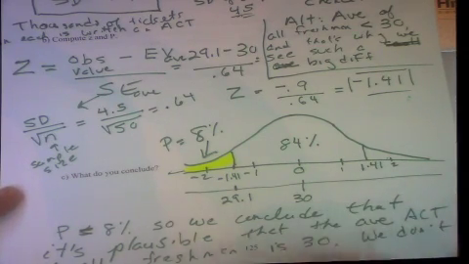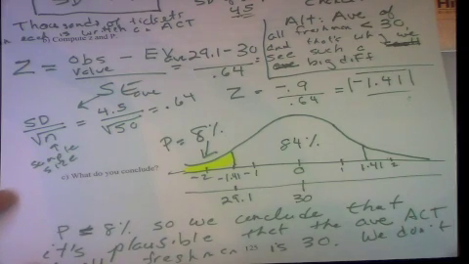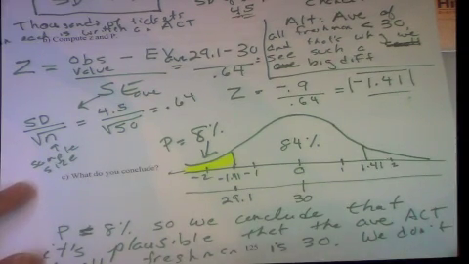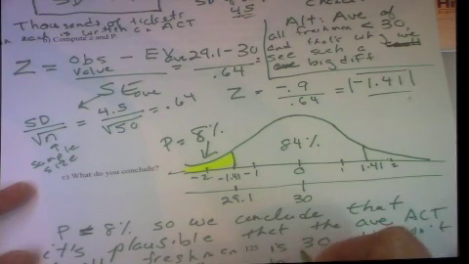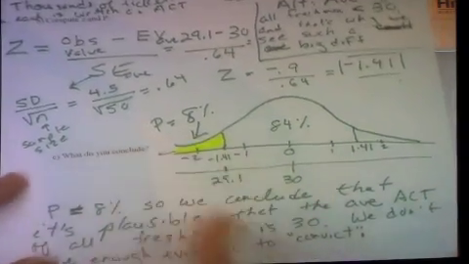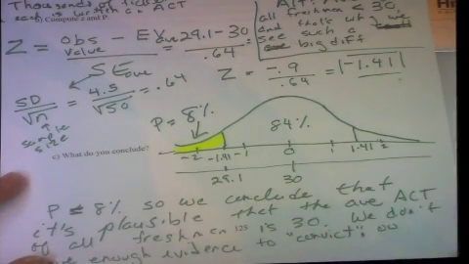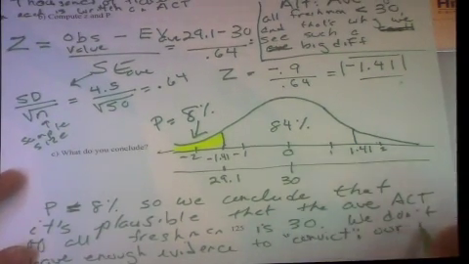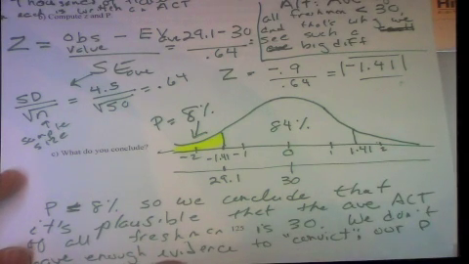Think of it as a trial. We have to make some decision. We don't have enough evidence to convict, basically, to say the university is lying. Our p is not beyond a reasonable doubt. I'll just use the legal language.